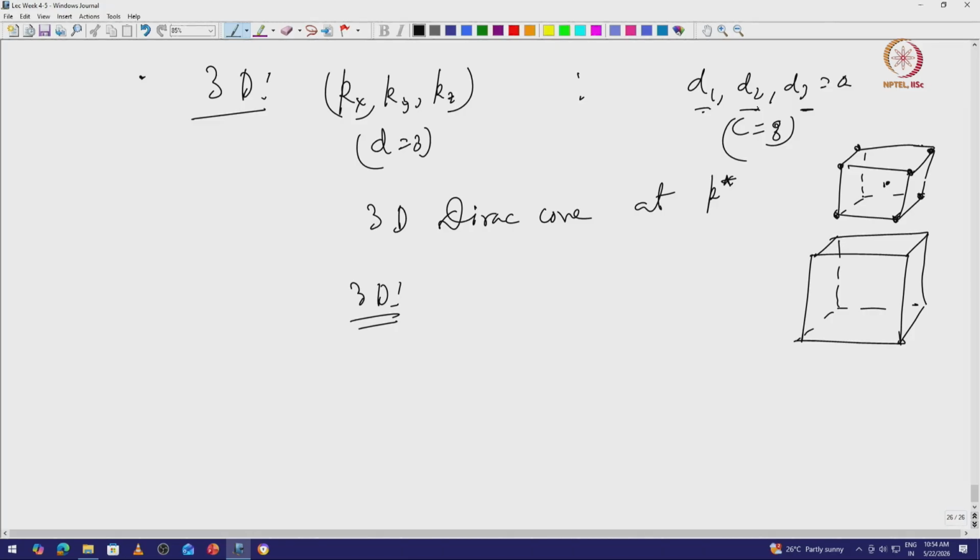In those cases, the Dirac cone can split into being Dirac cones at some non-high-symmetry points. They are called Weyl cones. Okay.